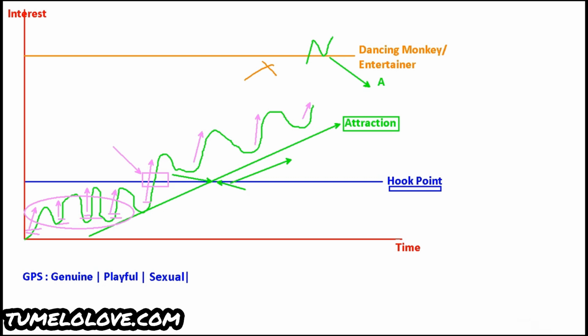So for example, a girl could be in a genuine vibe, but the player comes into the interaction more cocky, funny, more teasing, more playful, and still trying to spike her interest and her emotions. But because he's coming in playful and she's genuine, she sees that, oh, this guy's not socially aware of the vibe of this interaction.